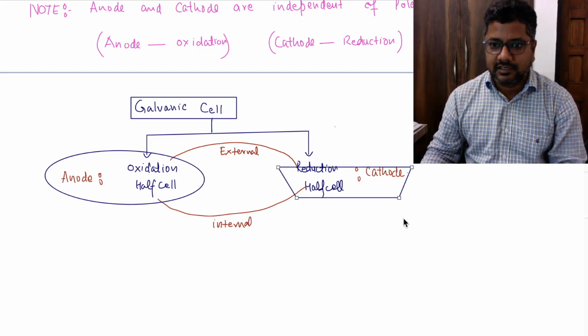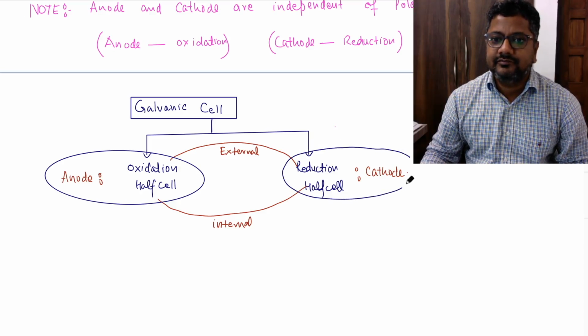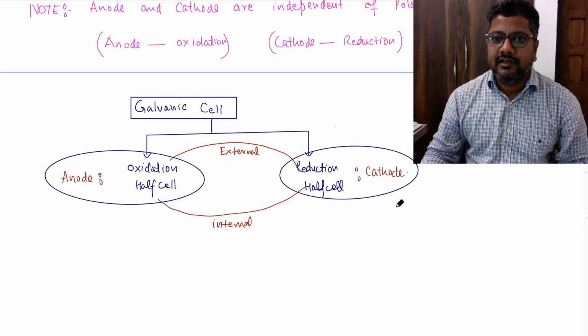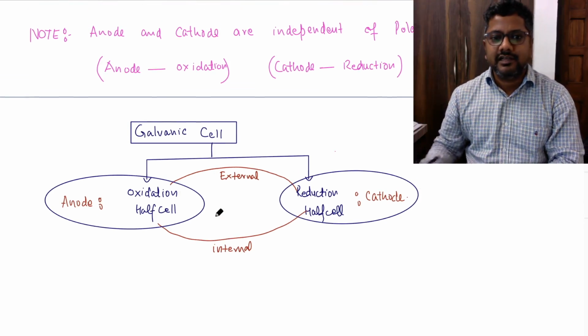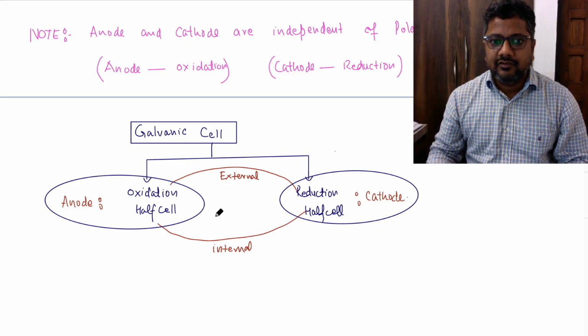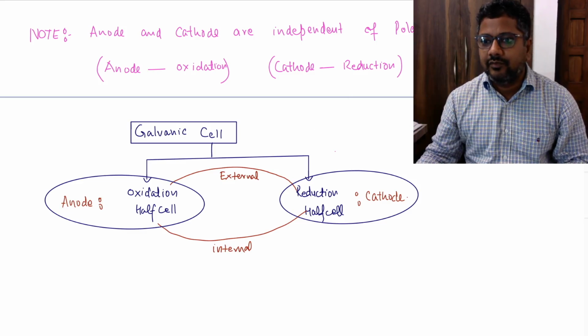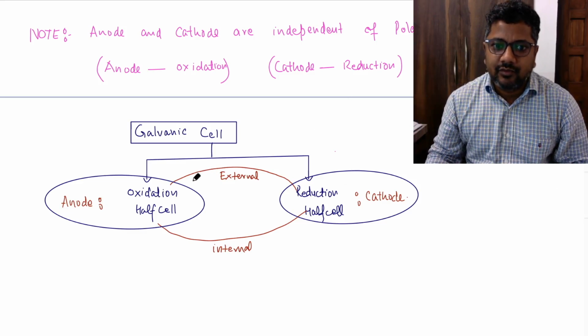If you connect these two half cells in a particular manner, internally and externally, you will get the complete cell, and electrons will flow from the oxidation half cell to the reduction half cell in this manner.